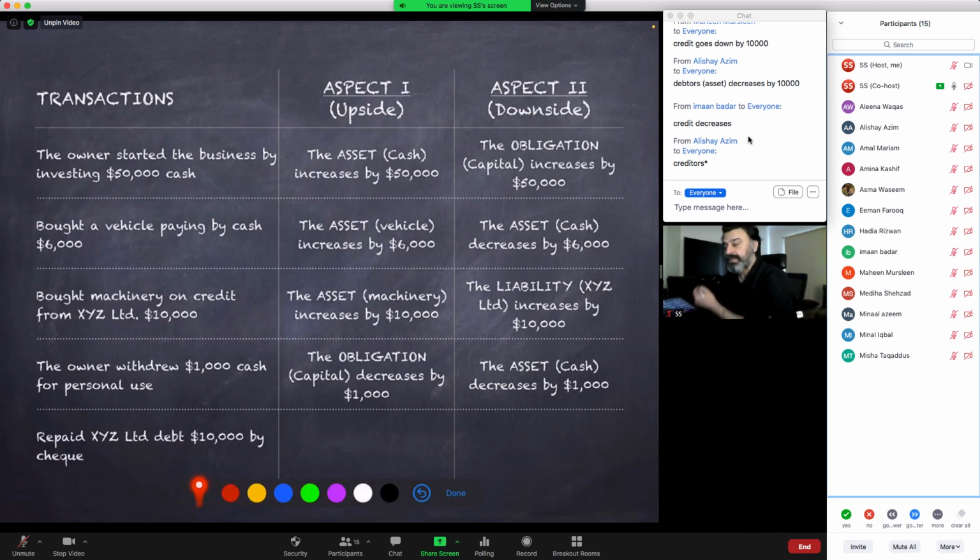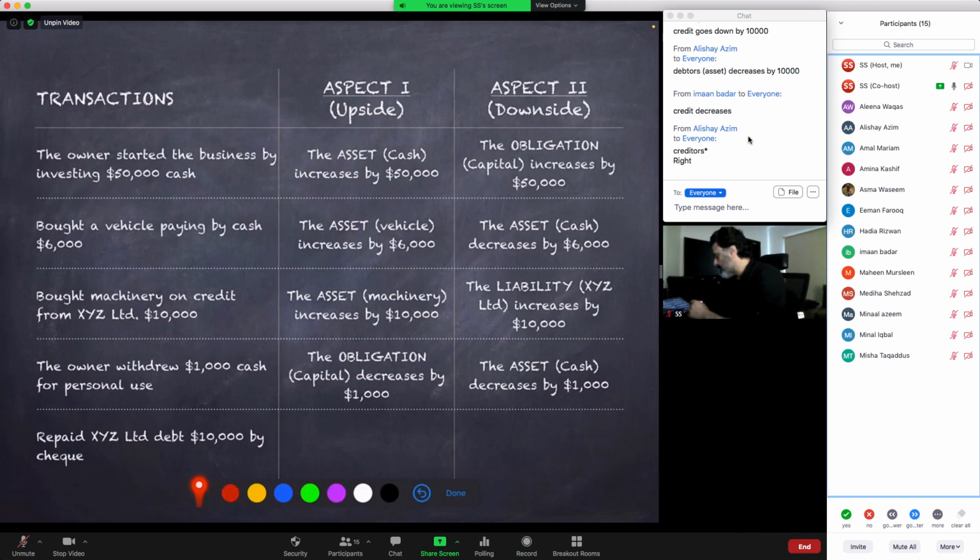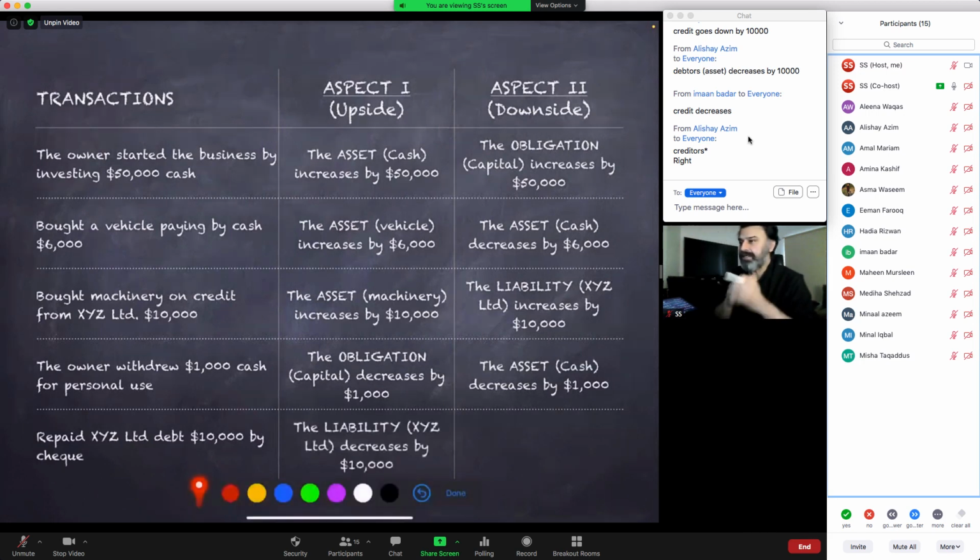Debtor means a person who owes us, and there is no other understanding of that. But debt is a general expression. Debt means someone owes someone else, right? So in this case, we owed XYZ Limited and we settled our debt to them by check. So the correct answer is that our obligation or liability towards XYZ Limited is decreasing by $10,000.